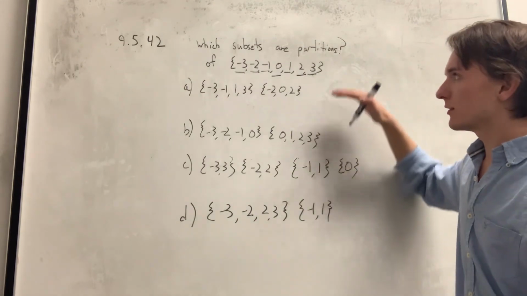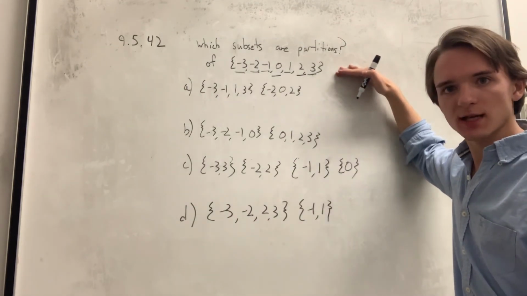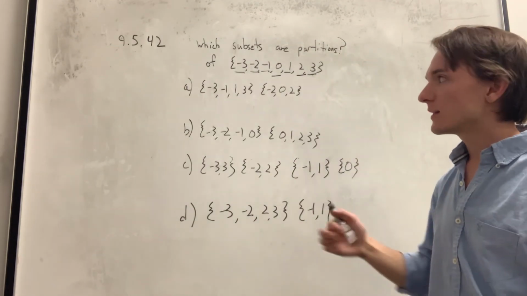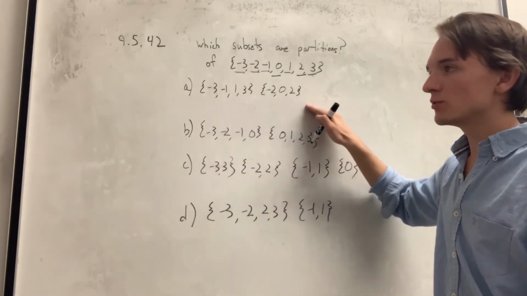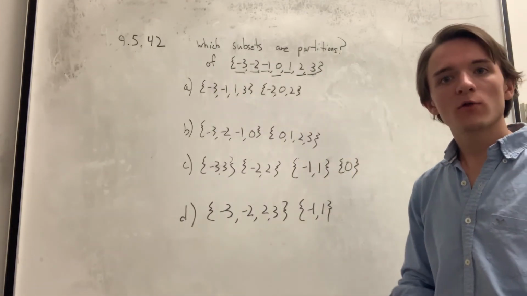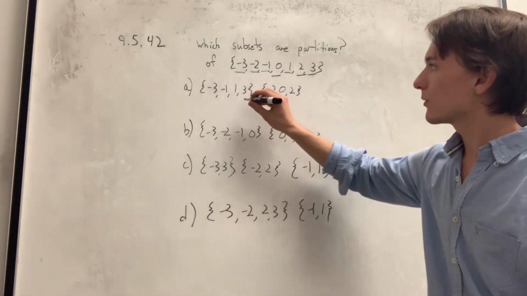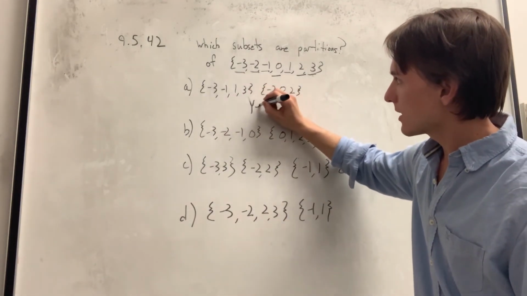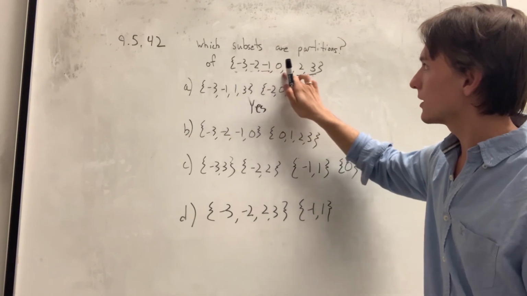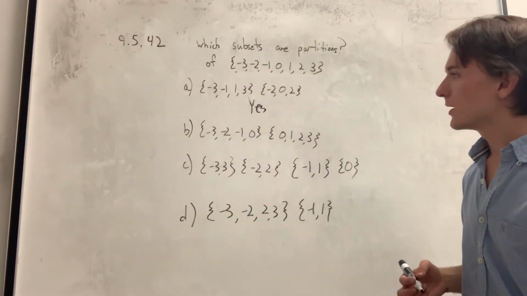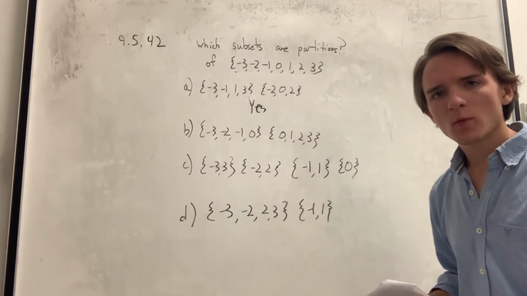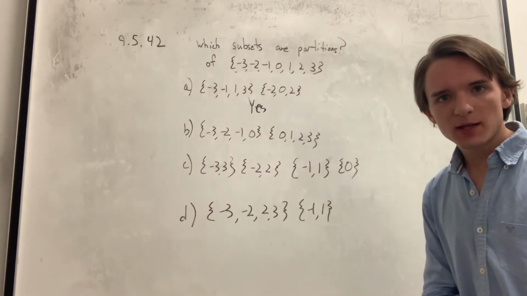So each of the elements in the original set are contained in these subsets, and these subsets do not overlap in any way. So therefore, we would say yes, A is a partition of the original set.